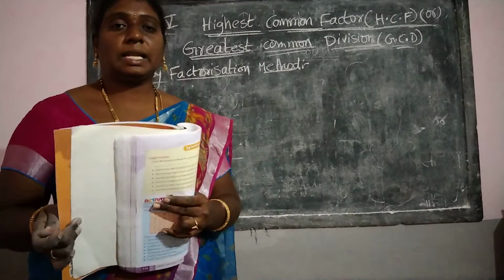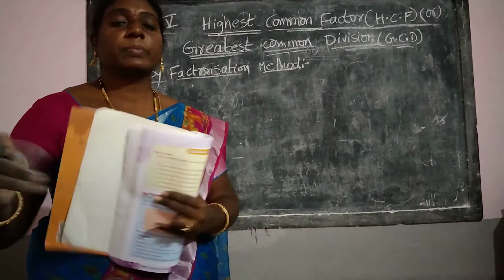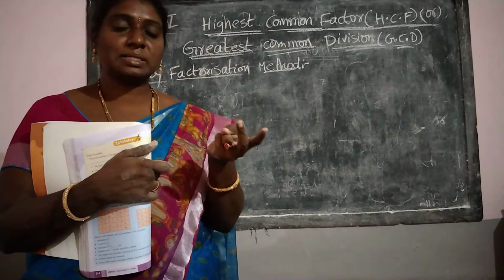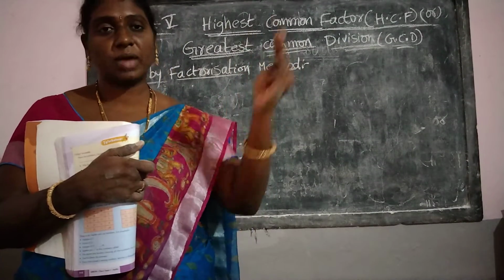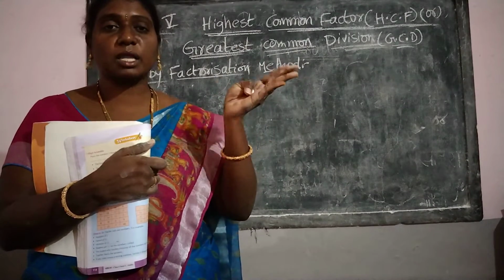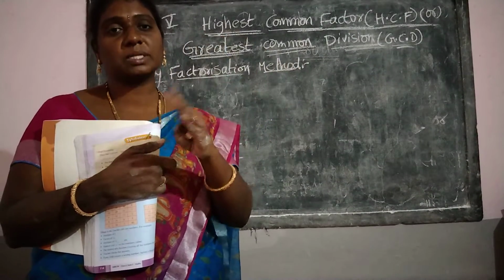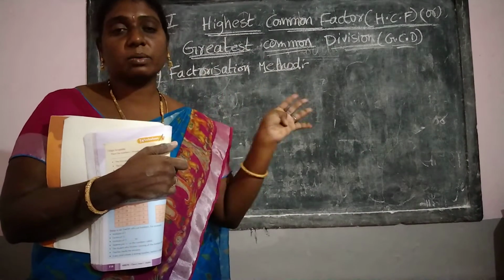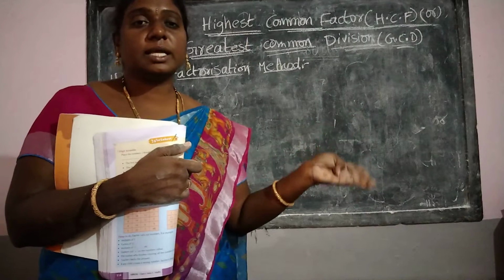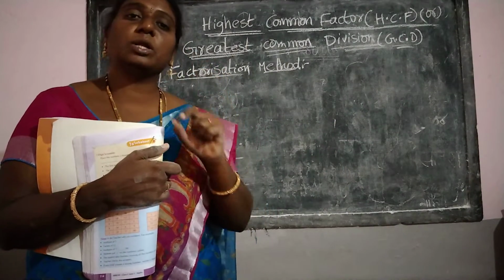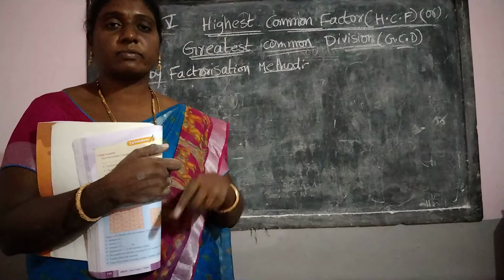Take two numbers and find their factors individually. After that, find the common factors in both and write them down. Among those common factors, the biggest one is the highest common factor of the given numbers.